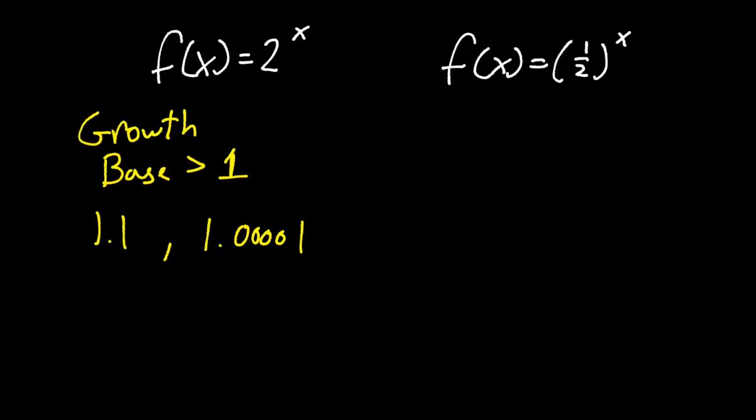Now the opposite of that is a decay function. And you can tell by here, our base has to be less than 1, so I'll write that down as well. Base is less than 1. If it is less than 1, the function is going to get smaller and smaller and smaller over time. So that means it could be 0.9 because that's smaller than 1.